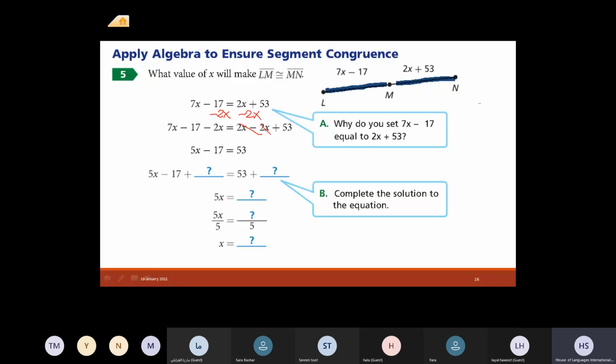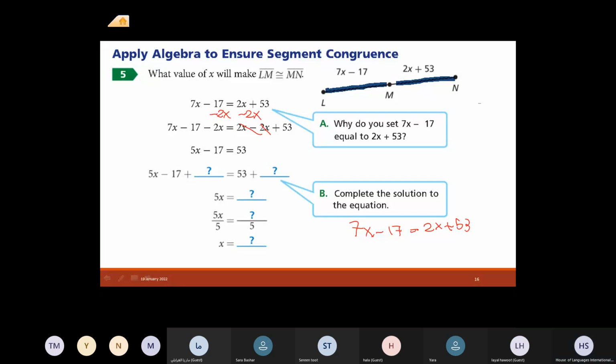Let me solve it another way. 7x minus 17 equals 2x plus 53. How will you get rid of the 2x here?